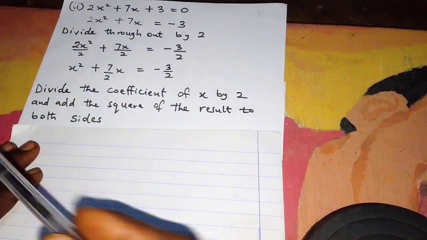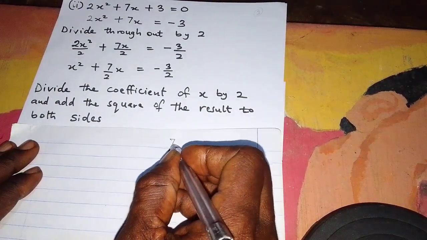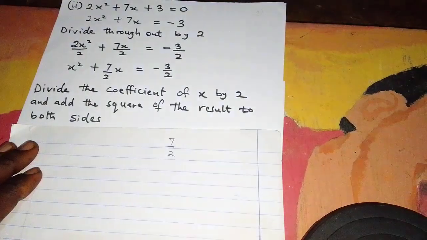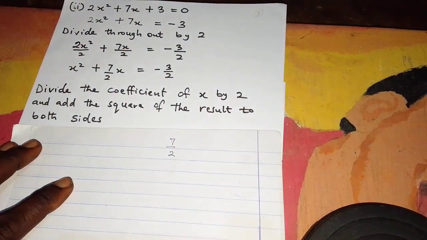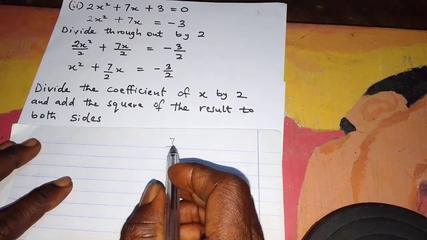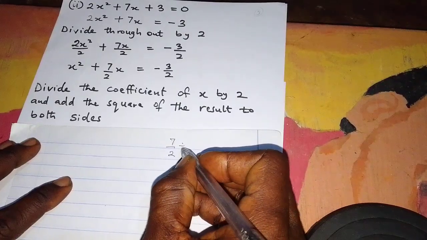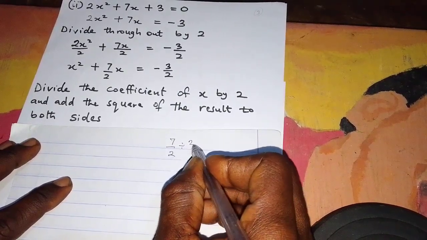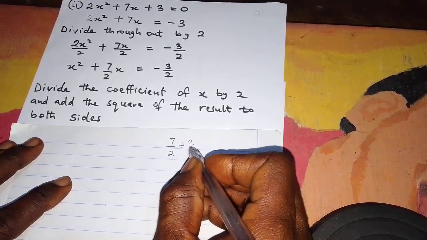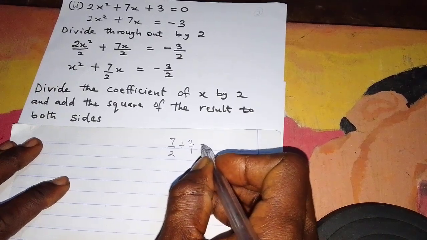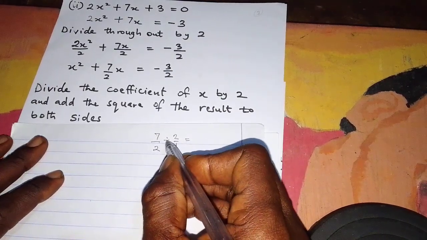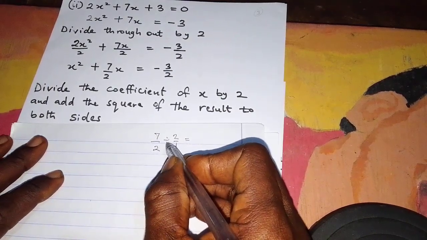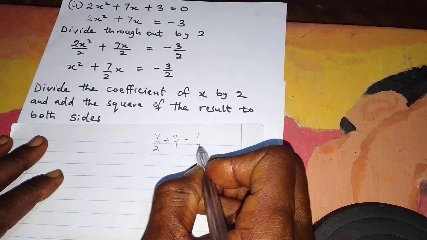So the coefficient of x here is what? 7/2. If you have 7/2, then divide it by 2. When you divide this by 2, you know this 2 is the same thing as 2 over 1. If you have fractions, you are going to turn it, so you have 7/2.